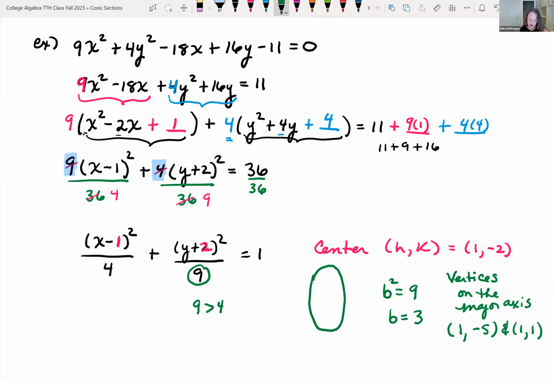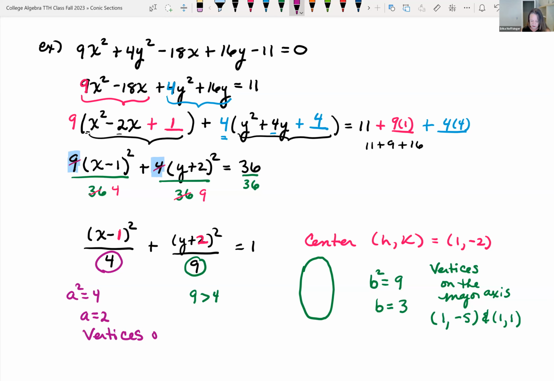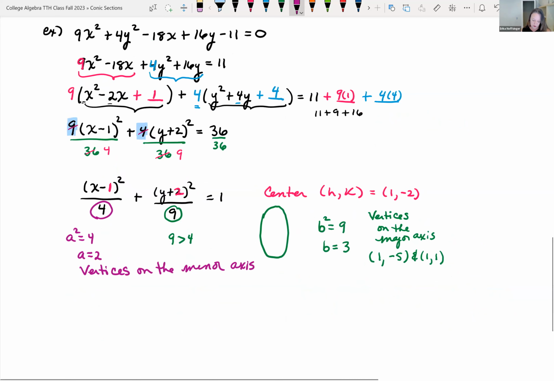So my minor axis, combine my value here. So a squared is equal to 4, a is equal to 2. So I'm going to go left and right 2 from my center. So vertices on the minor axis, we're adding and subtracting 2 from my center.